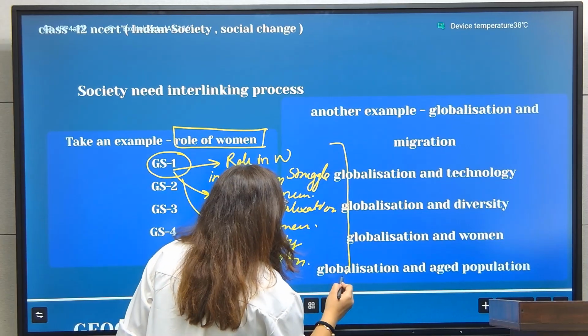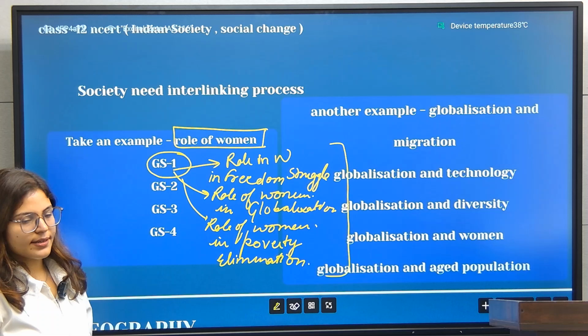So in this way, role of women is asked in the GS1 examination.